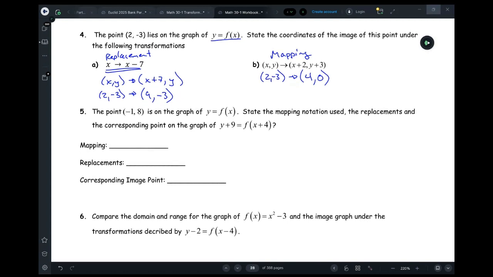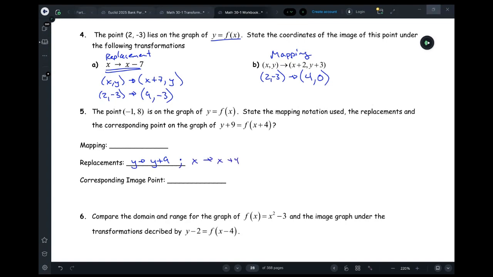For question 5, it says here the point (-1, 8) is on the graph of y = f(x), so that's an old point. State the mapping notation used, the replacements, and the corresponding point on this right here. Okay, well, the replacements are pretty straightforward because I can see them quite clearly. y was replaced with y + 9. x was replaced with x + 4.